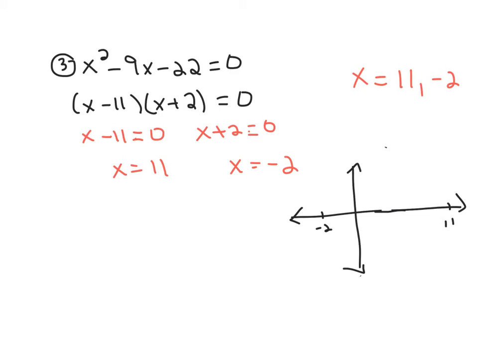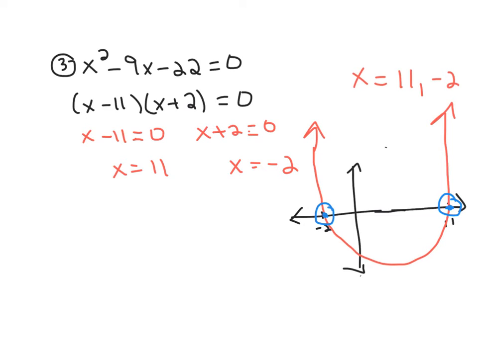If you were to graph this parabola, it would look something like this, super wide. And where x equals, those are the two crossing points. That's your solution to a parabola. It's where it crosses the x-axis. So x equals 11, or you could write (11, 0) and (-2, 0).